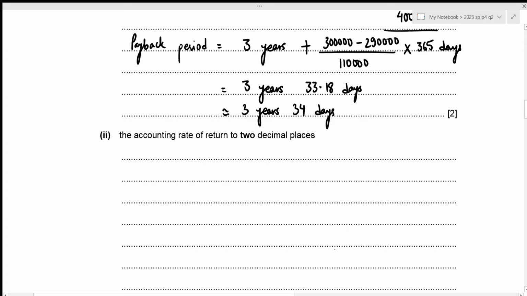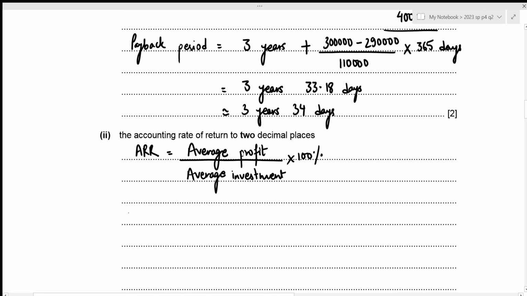We need to figure out the accounting rate of return to 2 decimal places. And the formula for accounting rate of return is just the average profit divided by our average investment times 100%.